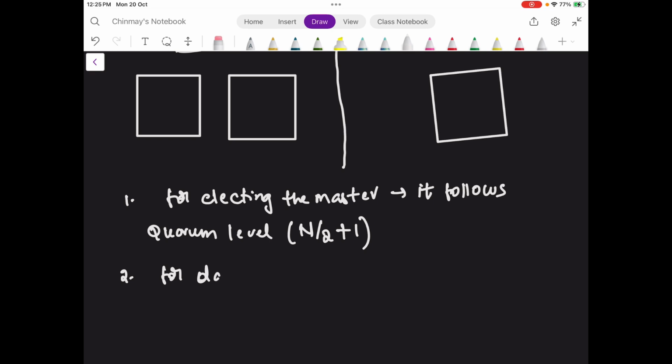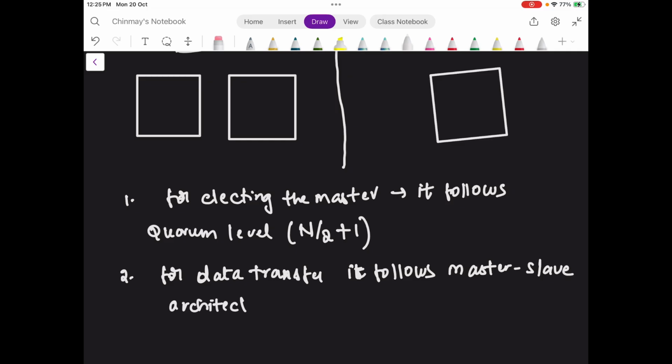For data transfer it follows master-slave architecture. This is the beauty of Elasticsearch. For data transfer, it follows the master-slave architecture. For electing the master, it follows a quorum level.